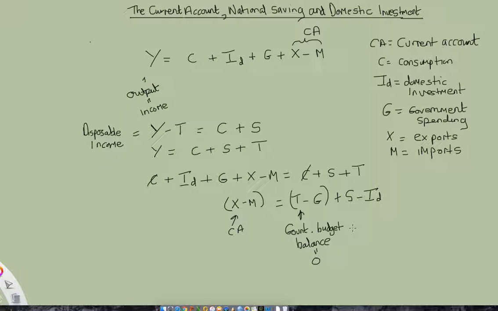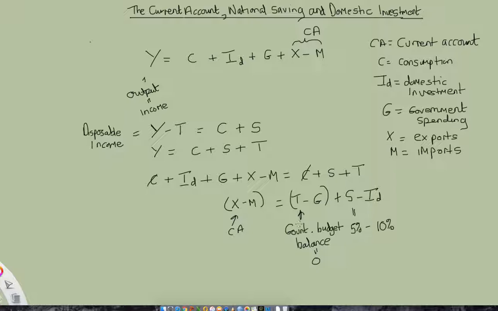Let's say that we are a country that saves 5%, say, of our GDP, but we're currently spending 10% of our GDP on domestic investment. So we've got 5% minus 10%, that's negative 5%.